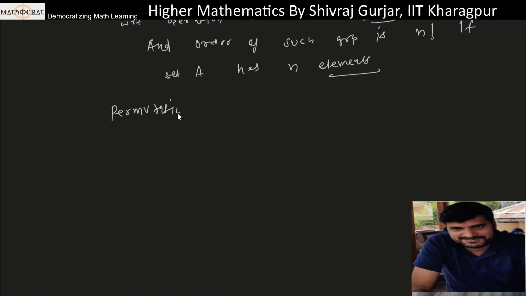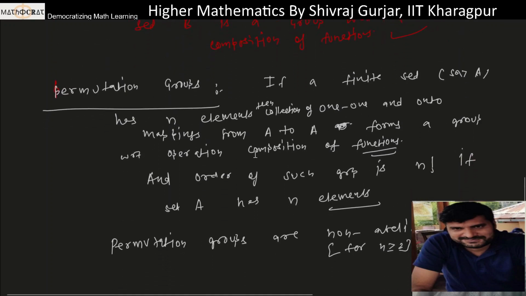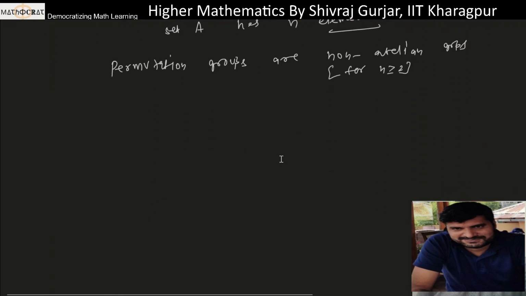Permutation groups are non-abelian groups for n greater than or equal to 2. Okay, basically let's denote this permutation group on n elements by Sn. So this Sn is the permutation group on n elements.